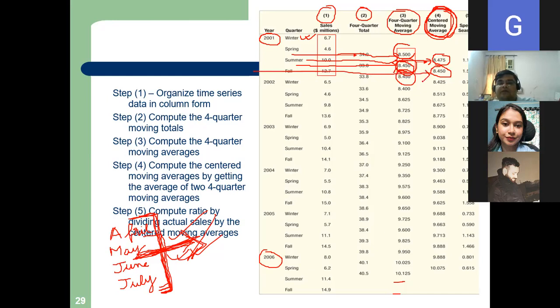That means between the 2, we take the average and we write the average in front of the row in between, just like in the first it was summer, then it was fall. In this way we get the centering, so we do the centering. Is this clear? Yes, centering is clear. Yes, sir. So you have to do this for the whole table, right?